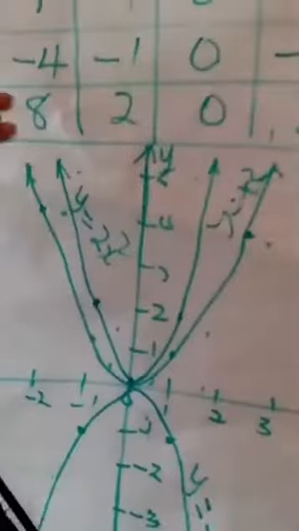This is the graph of y is equal to 2x squared. And the last one was y is equal to minus x squared. Let's study these graphs one by one. Let's start with that one of y1, which is minus x squared.